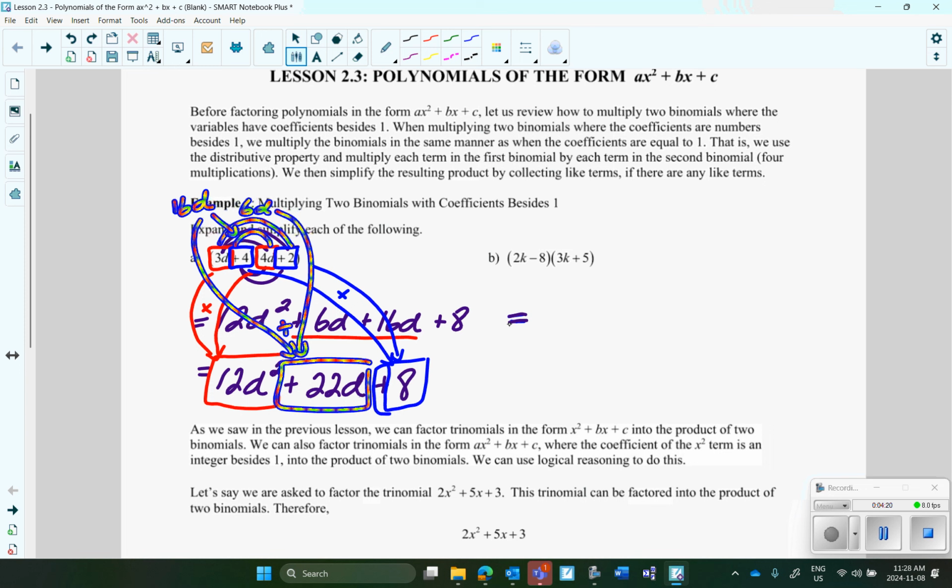What's the first term going to be? It's going to be these 2, right? Which is what? 6k squared. What's the last term going to be? It's going to be those 2, negative 40. And what's the middle term going to be?